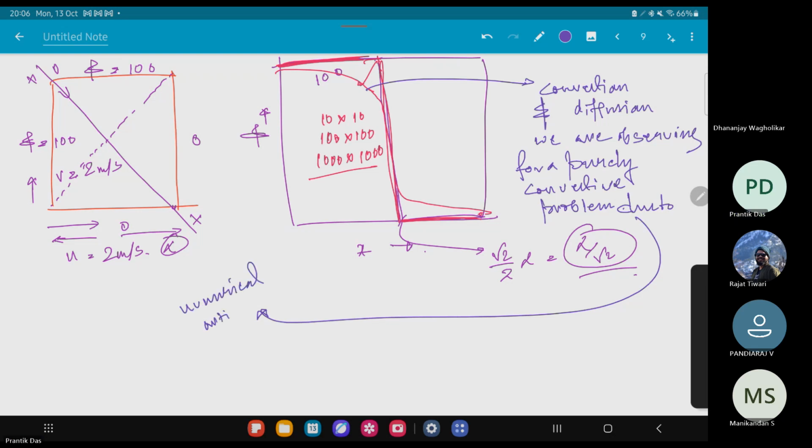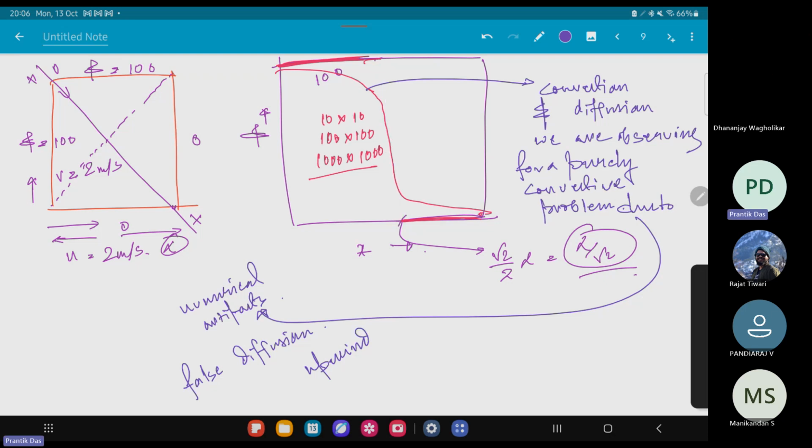So this is called false diffusion. We get an excess diffusion when we solve the whole thing using the upwind scheme. The upwind scheme was basically introduced to increase transportiveness, but with transportiveness came false diffusion, which is undesirable in our problem.